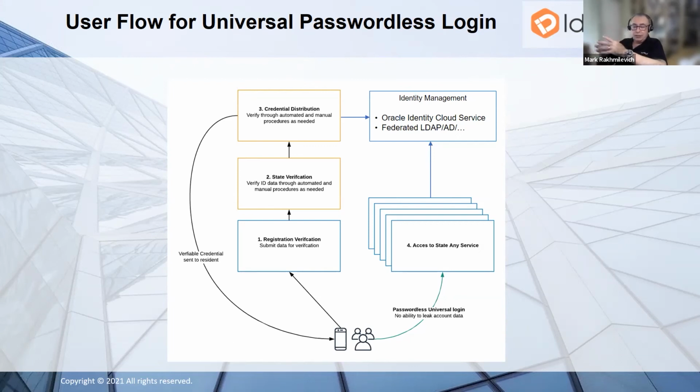That was kind of the objective. But at the same time, as Mike was mentioning, if they need additional information, they can interrogate the wallet. We did not store any of that additional information in the Oracle IDCS. And if they don't need to go through the master credential, if they want to continue to use essentially this universal passwordless login mechanism, then those applications could leverage a direct connection to the wallet.